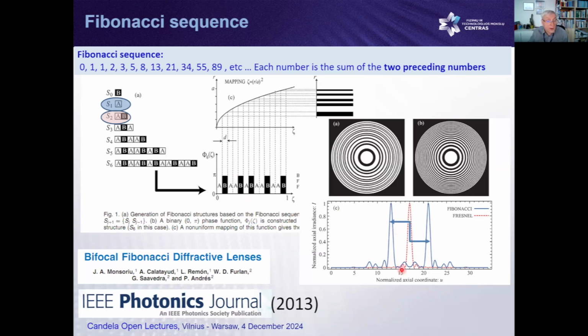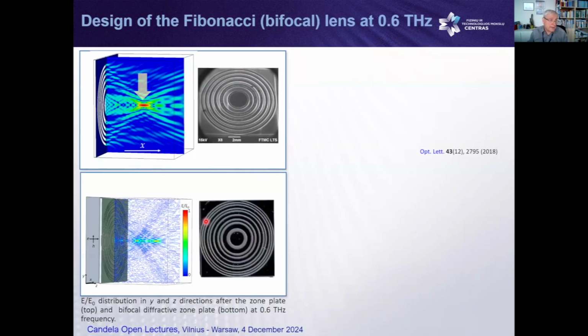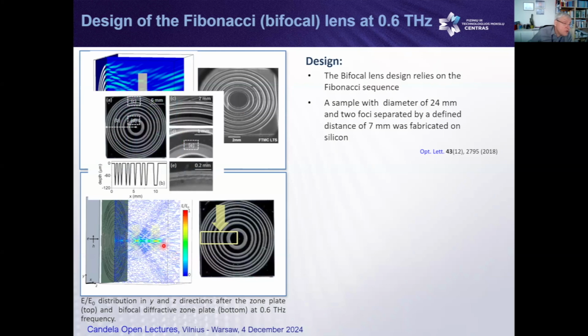It means it's bifocal operation, and the ratio and distance between them is close to the golden ratio. We have some link with art. It means optics and art are pretty close to each other. So we try to follow this, and what we made initially, we designed our simple Fresnel zone plate, and then we designed a Fibonacci plate, and we have 2 focuses here.